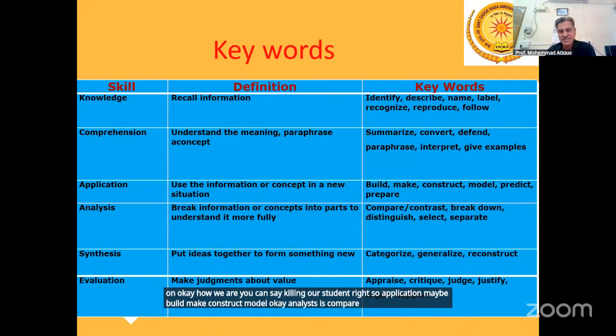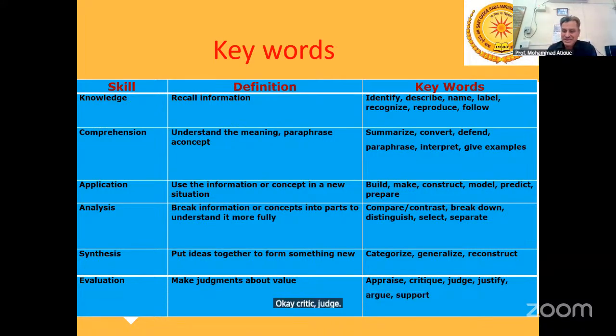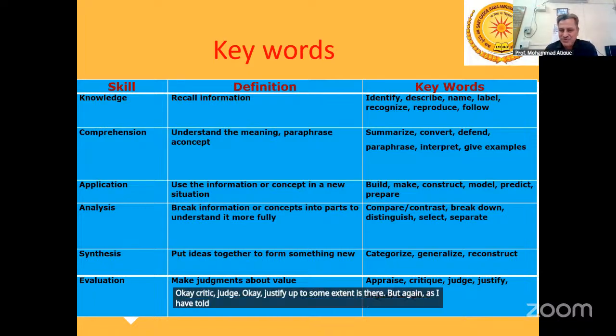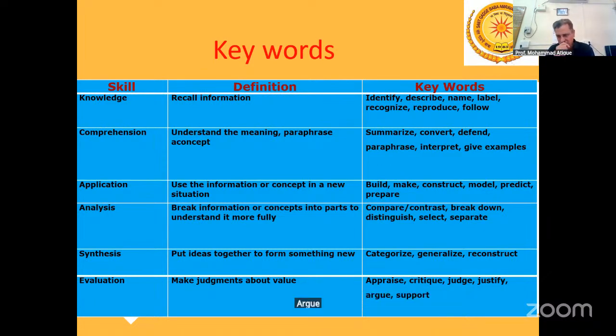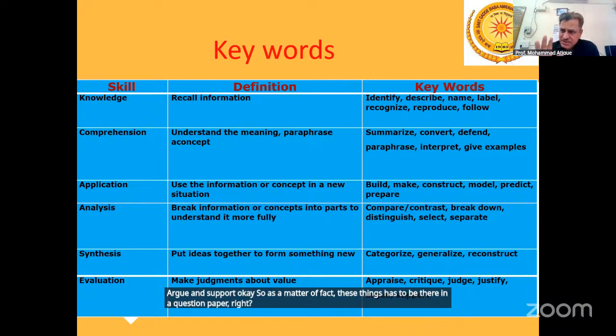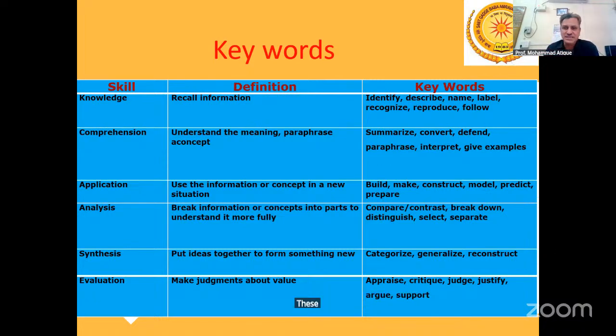Synthesis: categorize, generalize, reconstruct, appraise. Then critique, judge. Justify is there up to some extent, but again, as I have told, when it comes to actual evaluation, normally we ignore it. Argue and support. As a matter of fact, these things have to be there in a question paper, right? These keywords are essentially needed, particularly of the higher levels. That is very much important.